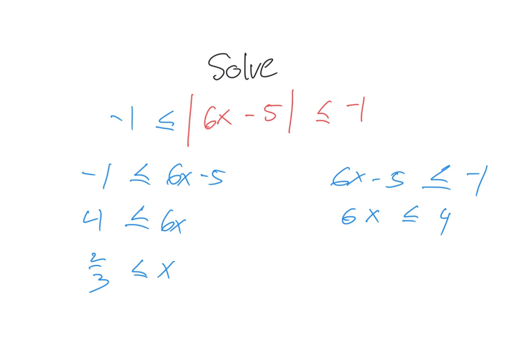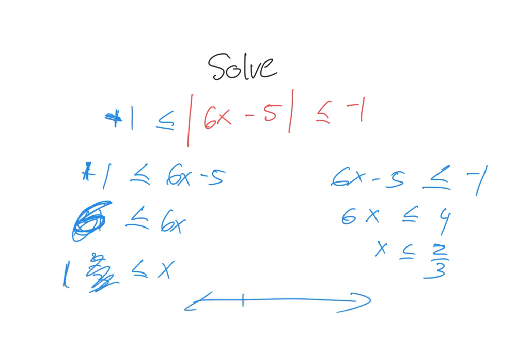Nope. All right. x less than or equal to 2/3. Oh, I know what I did. Made a mistake here, folks. Bear with me. This should be a positive 1 on the left-hand side. That makes this a 6, and that makes that a 1. I still have my numbers of 2/3 and 1.